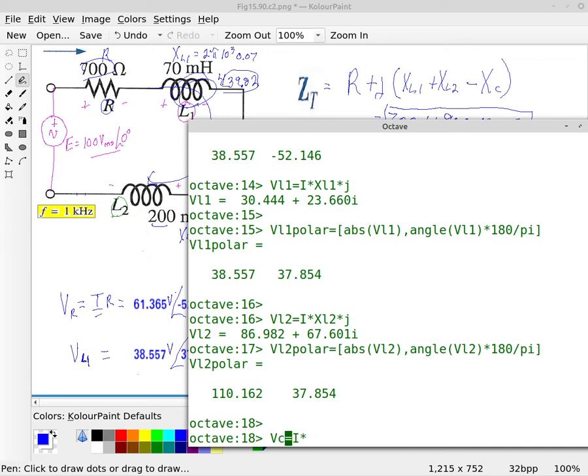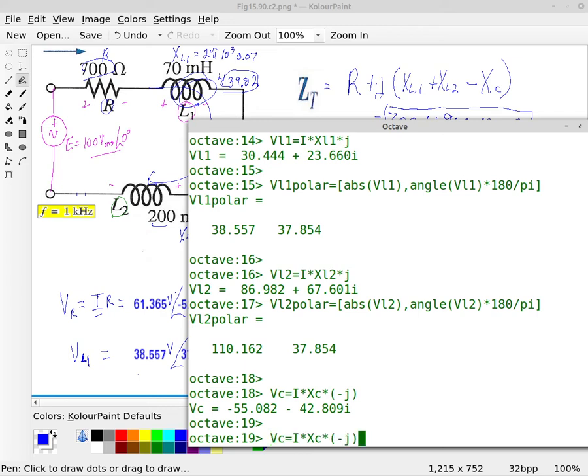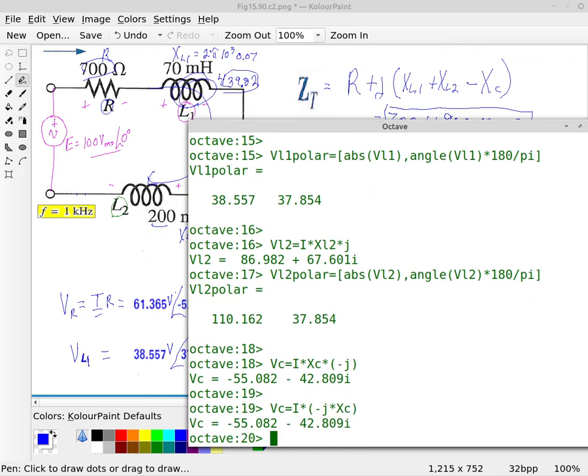This is just going to be VC equals I times X of C times parentheses minus j, or I could have done it a different way. I could also have typed it as minus j times X of C. It's a little cleaner this way, but it gives the exact same result.